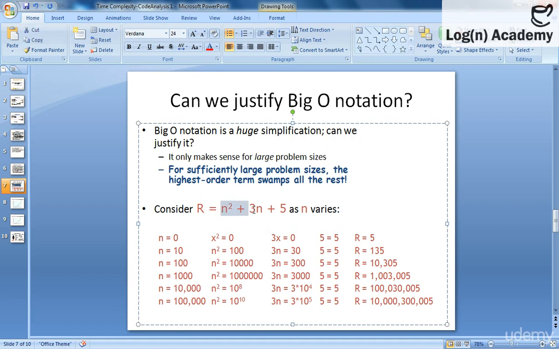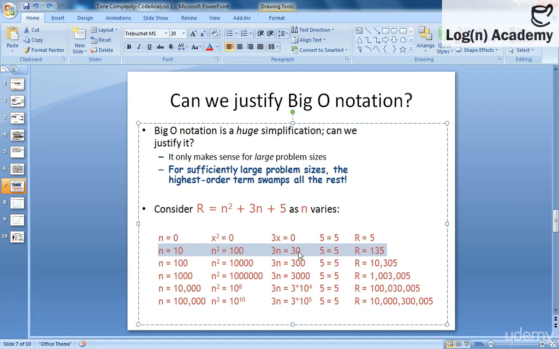Let's see here, n square plus 3n plus 5. Now, if the value of n is 0, everything is 0 and 5 is constant, so the result is 5. If the value of n is 10, then n square is 100, 3n is 30, and there is 5.